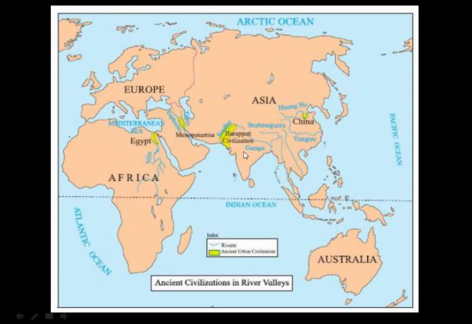For example, in India, we have Ganga, which is here, Brahmaputra, Sindhu, and near this river, we have Harappan civilization. In Egypt, we have the river Nile. In China, we have two main rivers, Honghe and Yangtze. So the civilizations developed near the rivers.